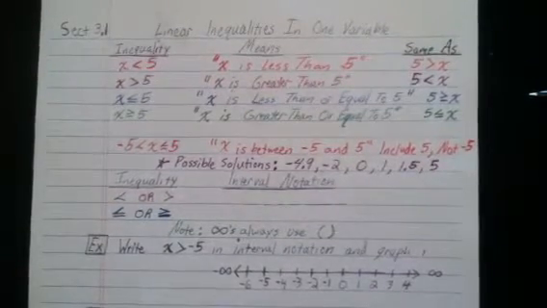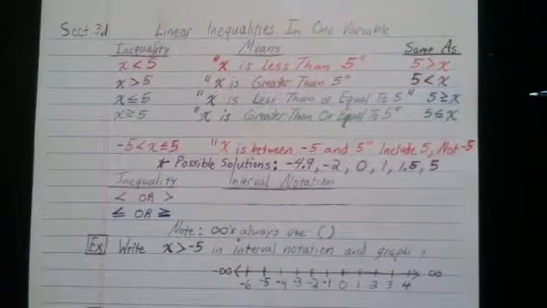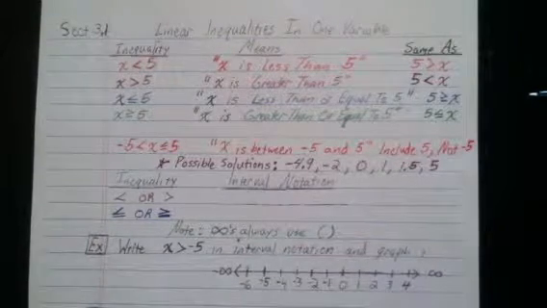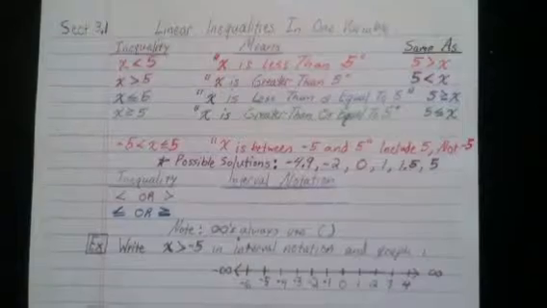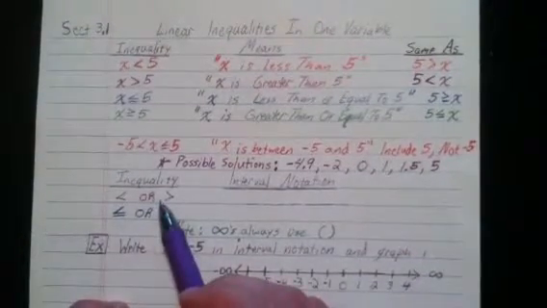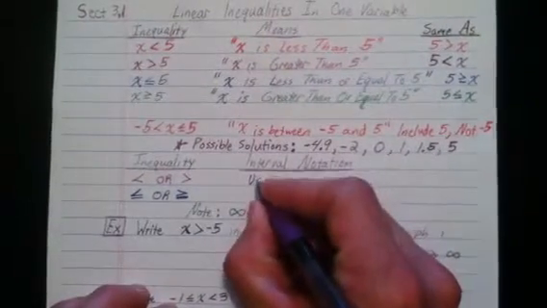Now, where we're going to be taking the inequalities now is into interval notation. So instead of using the less than or greater than symbols, we're going to be using either parentheses or brackets to denote a certain interval. How this will always work is that when you have a less than or greater than symbol, these always will be using parentheses.